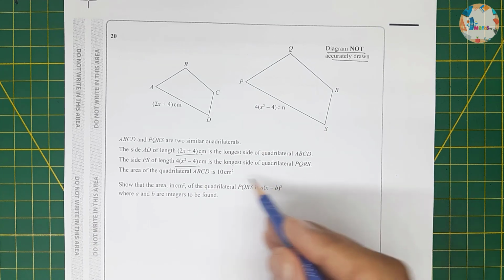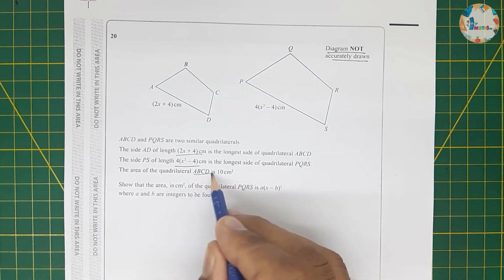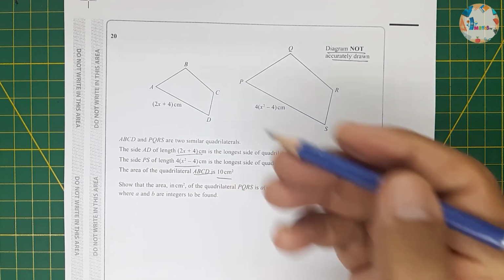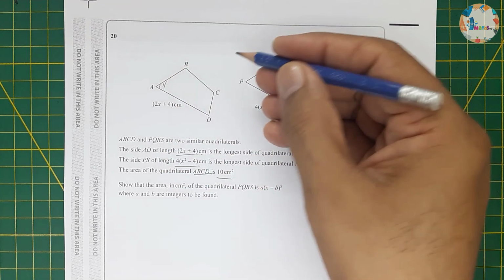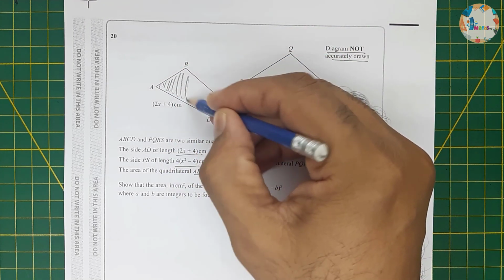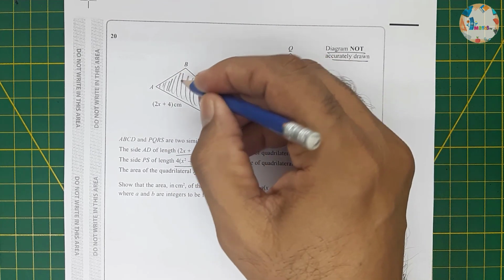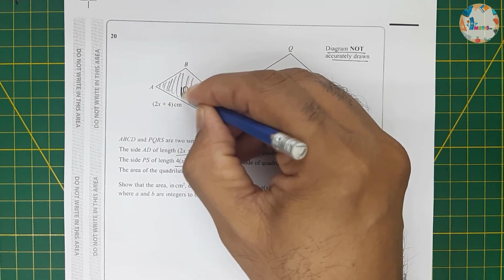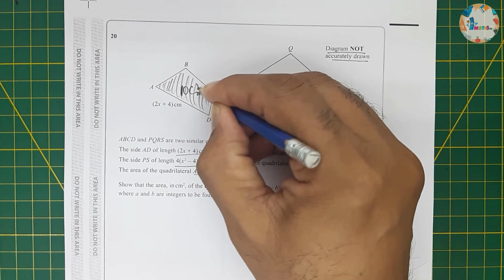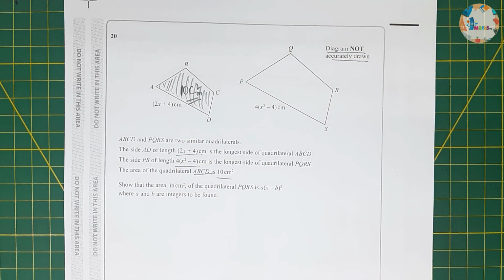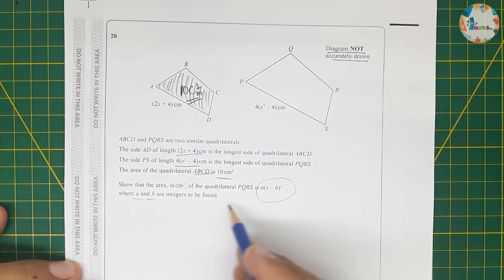The area of the quadrilateral ABCD is 10 centimeters square. Show that the area in centimeters squared of the quadrilateral PQRS is this much, where A and B are integers to be found.